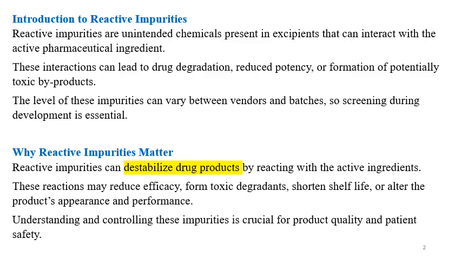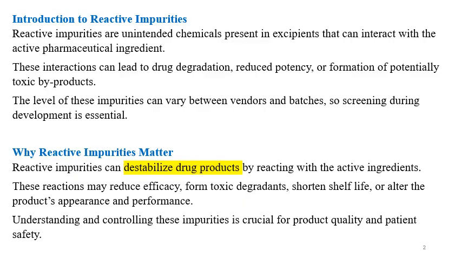Directly the excipient doesn't interact, but the reactive impurity present in that excipient can interact with the API, and that may lead to formation of impurities or degradation. And these reactions may reduce the efficacy, may form toxic degradants, may shorten the shelf life, or alter the product's appearance and performance.